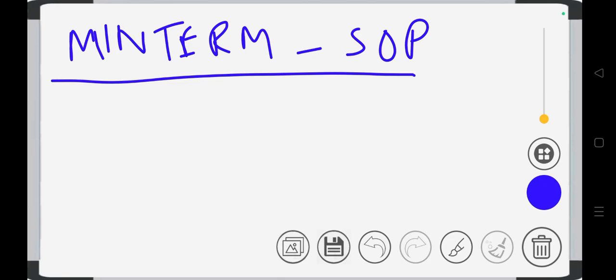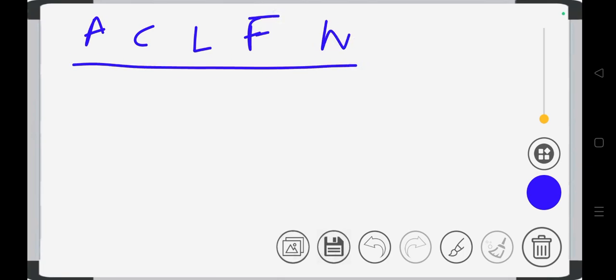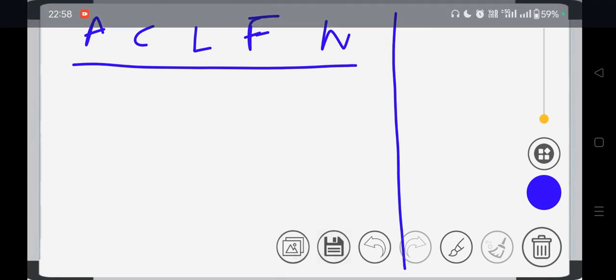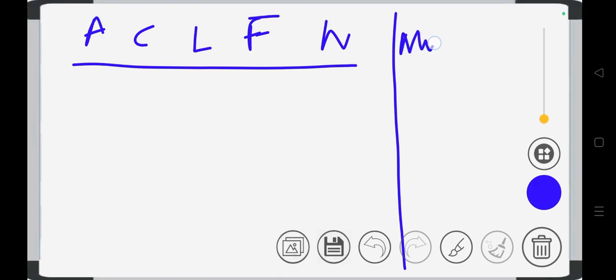Let me draw the truth table once again for the values that we have got. I will write the truth table in short, but if you have written it previously, the same will do. You have to just add a new column at the end called min-term.